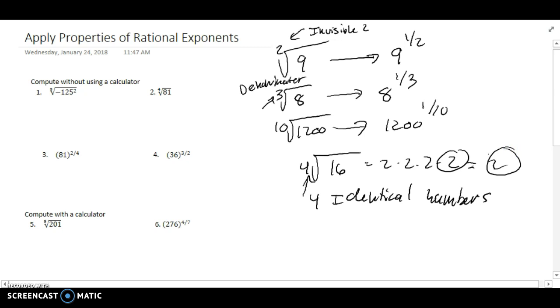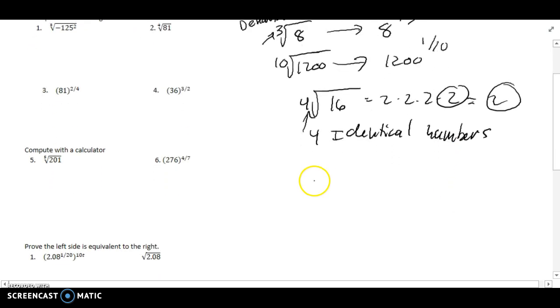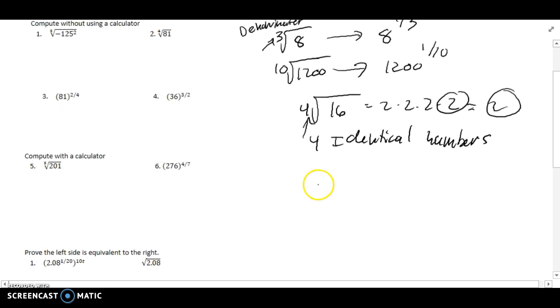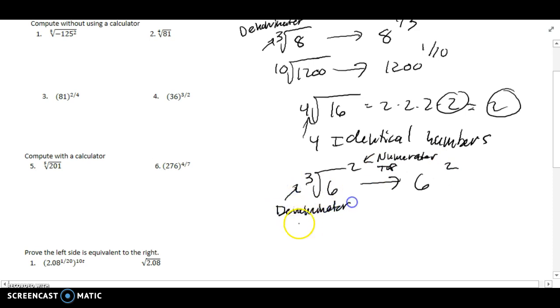And then also, things like this, the 3rd root of 6 squared, we actually can't put that in the calculator very easily. We're going to have to change this so that this is the numerator, or the top of the fraction, 2, and this is the denominator, or the bottom of the fraction.